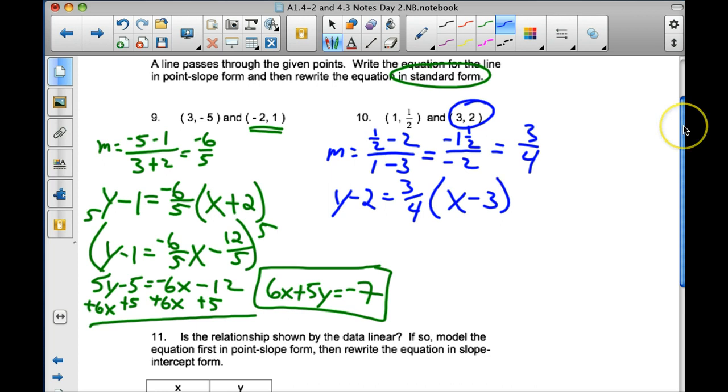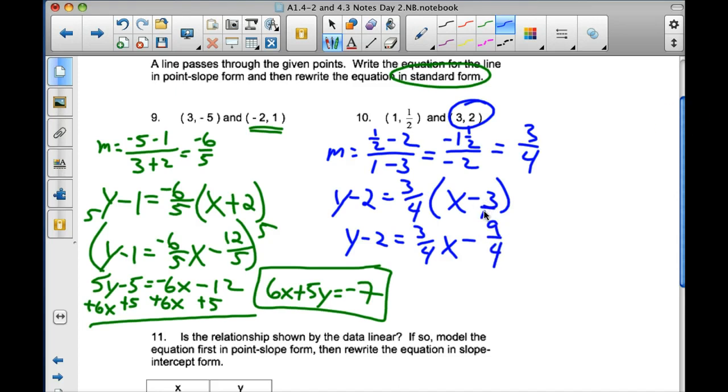Distribute and leave it improper, because we're going to clear fractions in our next step. What's 3/4 times 3? 9/4. Very good.